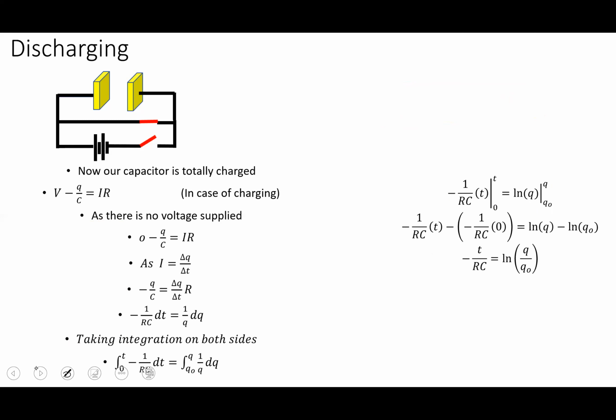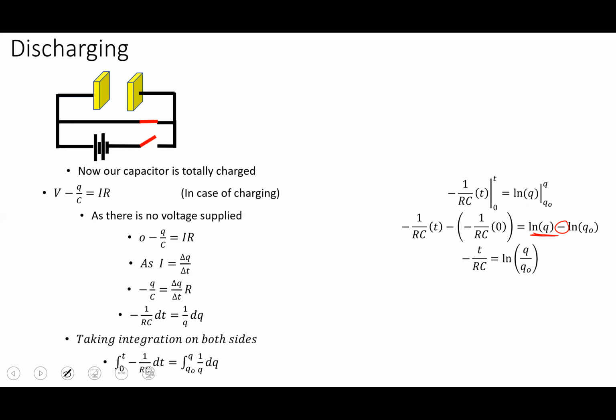Now if we rearrange it, we get minus T over RC is equal to log of Q minus log of Q naught, and the minus in log can be written in division form, so Q over Q naught.